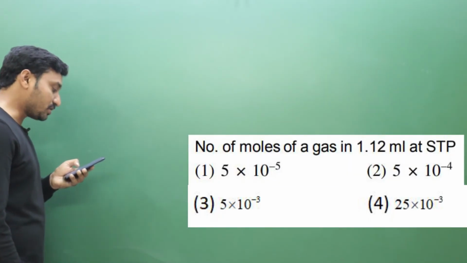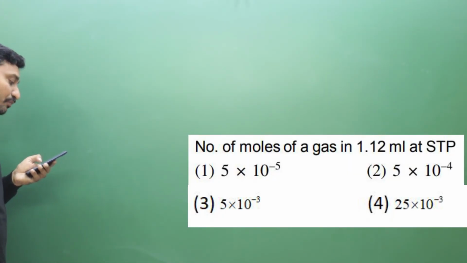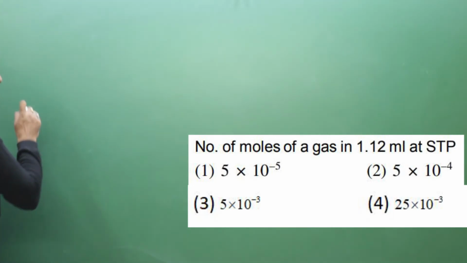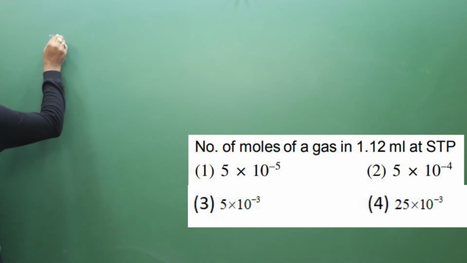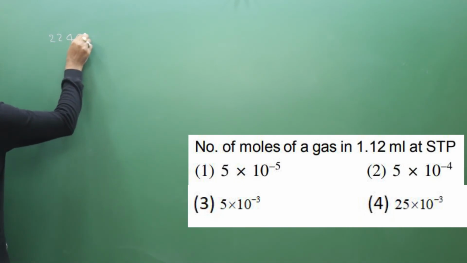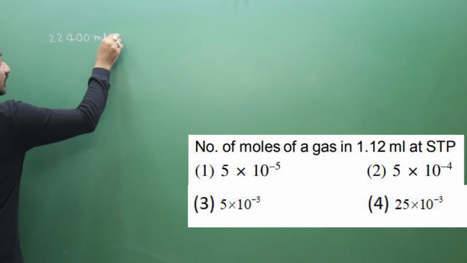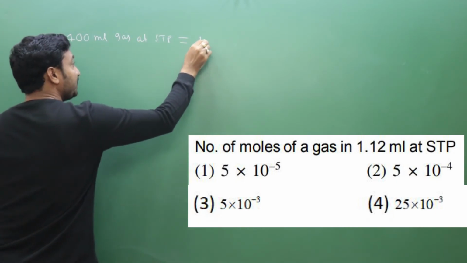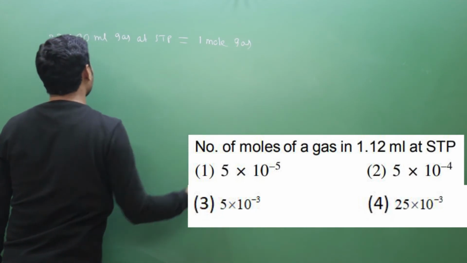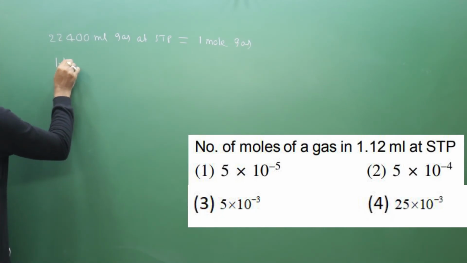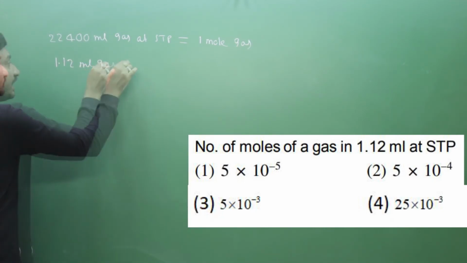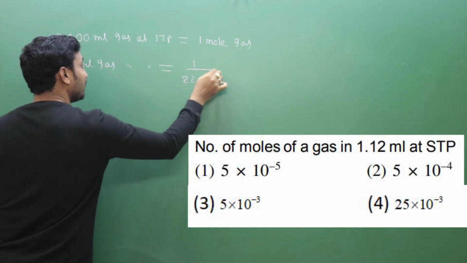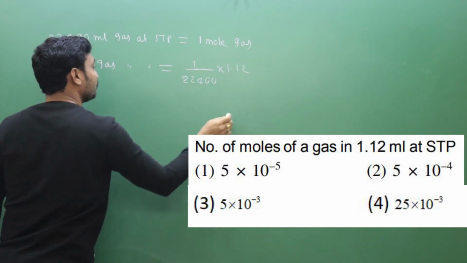Number of moles of a gas in 1.12 ml at STP. You know, 22,400 ml of gas at STP is equal to 1 mole, right? Now given 1.12 ml of gas at STP, that is equal to 1 by 22,400 into 1.12.